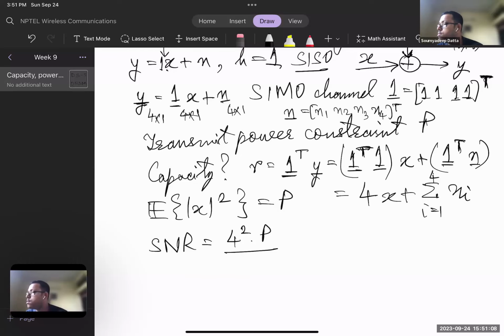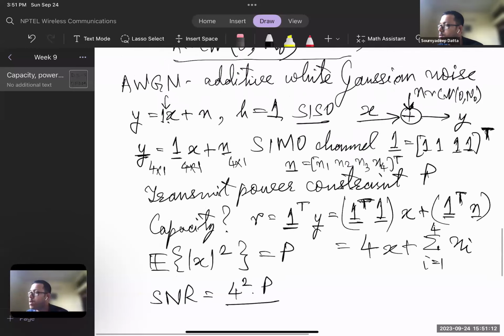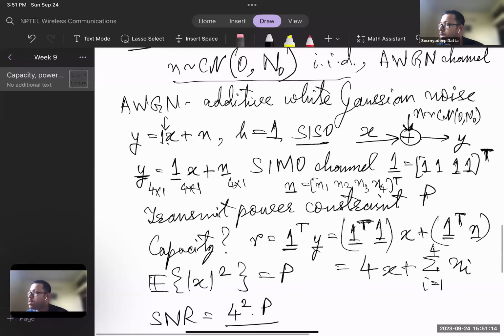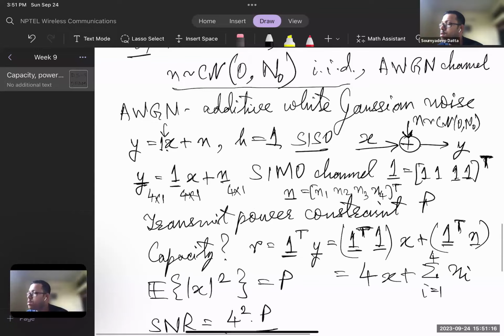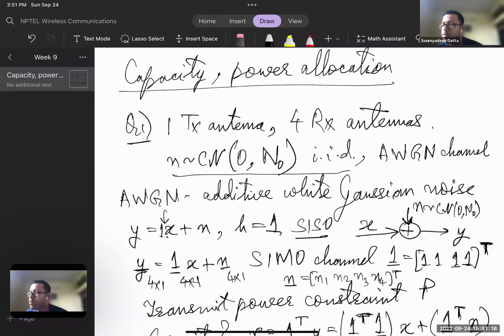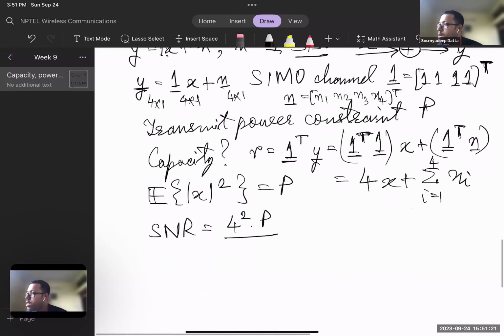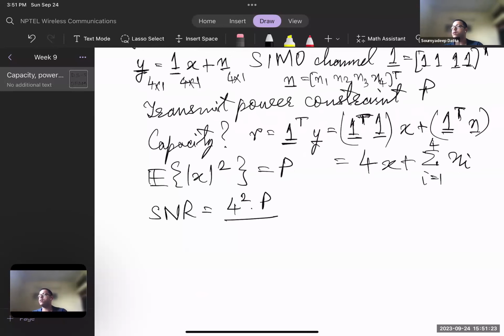These are 4 noise terms, and each of the noise terms has variance N naught, and these are all independent. So this is 4 terms each with magnitude mod Ni squared, which is N naught. So this will be 4 times N naught.